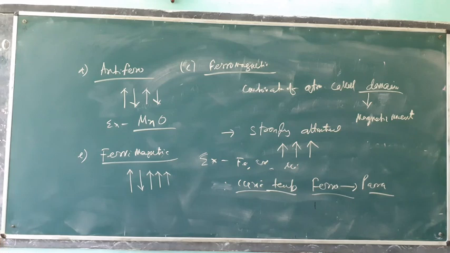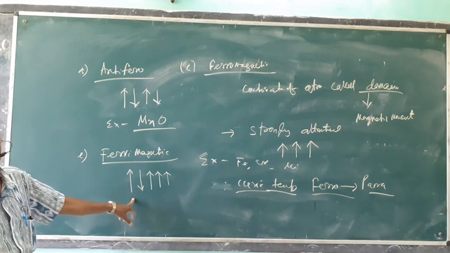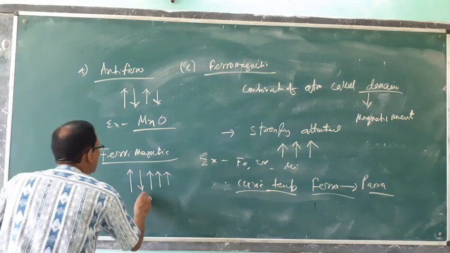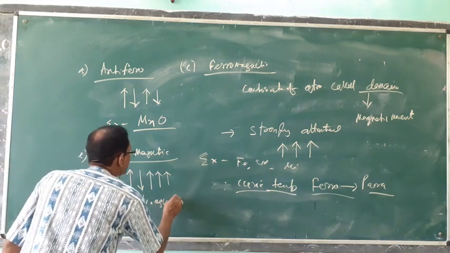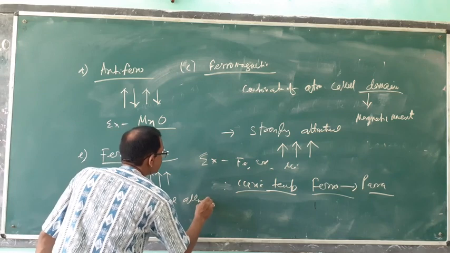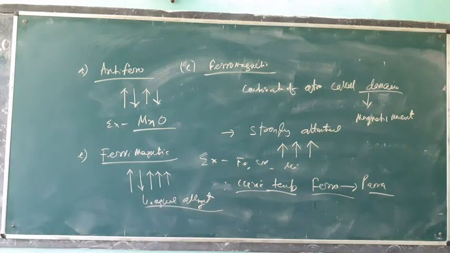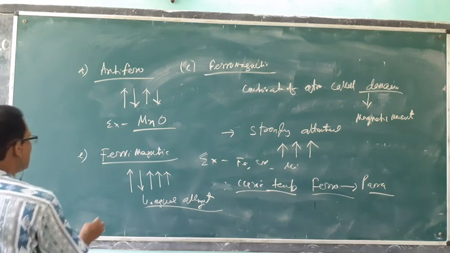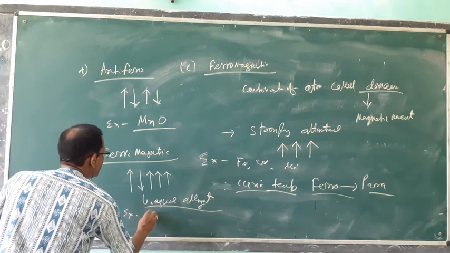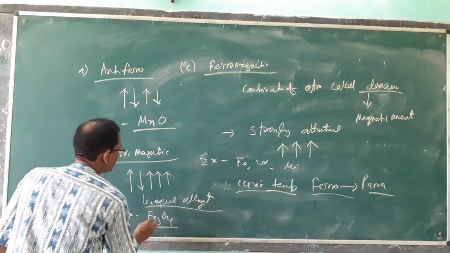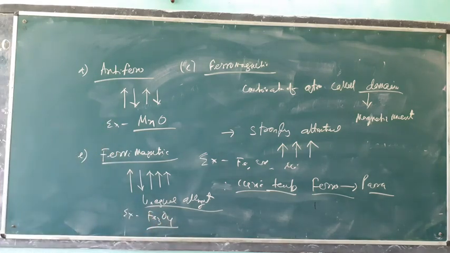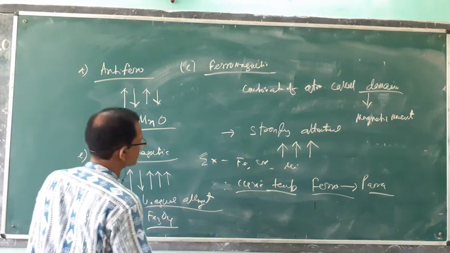Either equal or opposite or unequal. Here it is unequal alignment. Unequal alignment of the magnetic moments results in a ferrimagnetic substance. Examples are Fe3O4, ferroso-ferric oxide. Fe3O4 is an example of a ferrimagnetic substance.